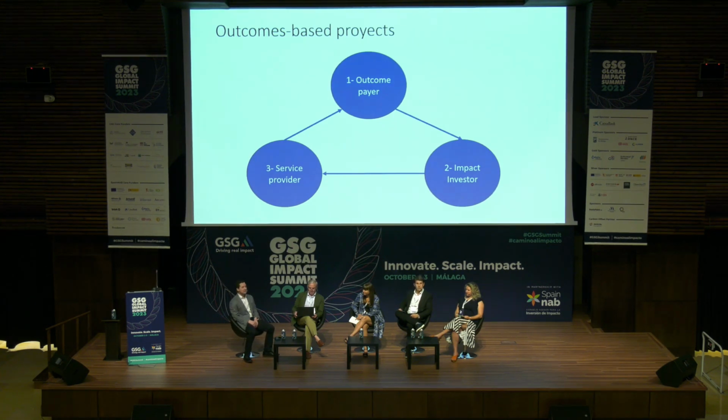So they decide what result they want to achieve. They put a price on it, and then they go and find someone who wants to put venture capital to finance the service provider that should achieve the intended outcome, or part of it. It's not always 100%. And when you gather this trio of factors is when the outcomes models can work.